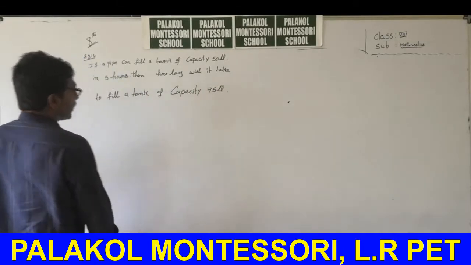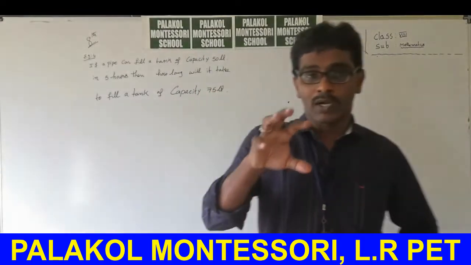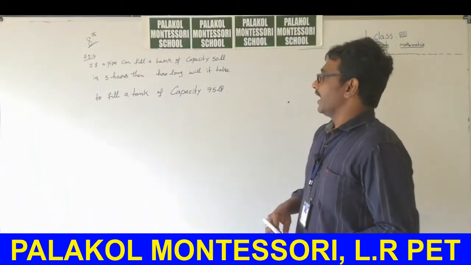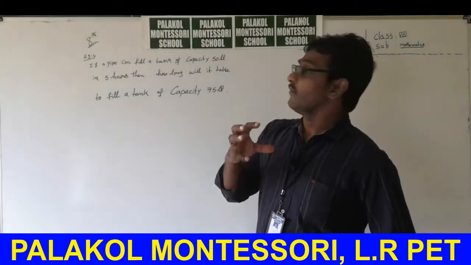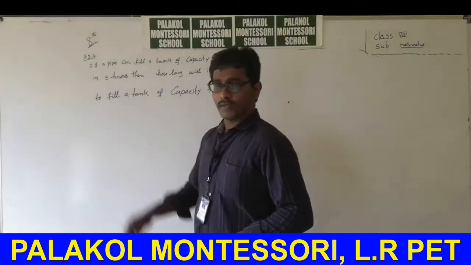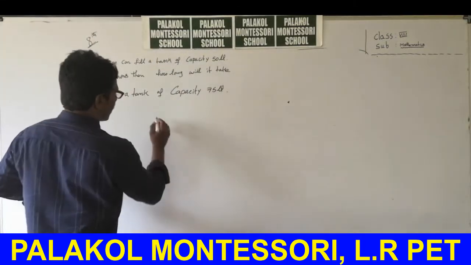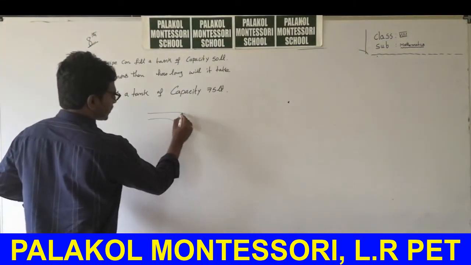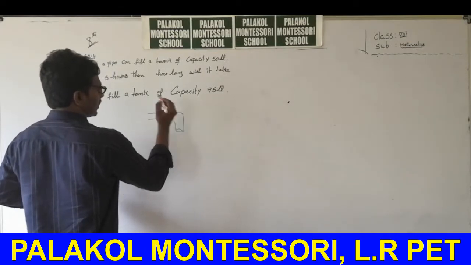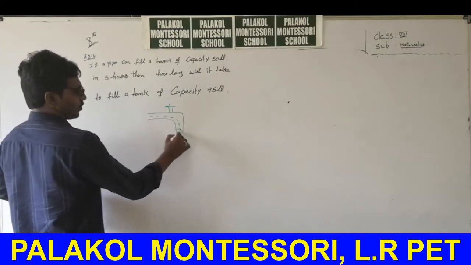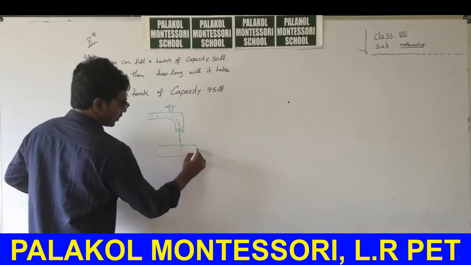Yes. Guys, please study the question. First you find out what the relation is. A pipe can fill a tank with capacity 50 liters in 5 hours. Just guess it, suppose here is the pipe and here is a tank.